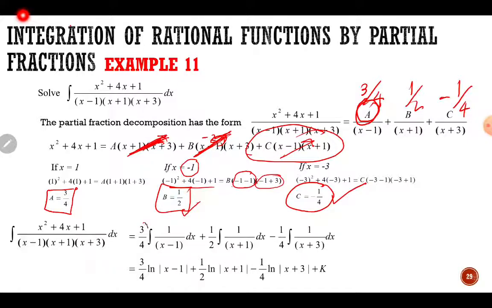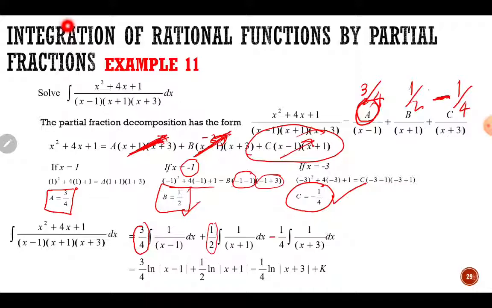So 3/4 ni kan a constant. Just bring it out of the integration. So we have 3/4 integration of 1 over x minus 1. Tambah 1/2 ni is also a constant. Jangan tinggal dia. Just letak kat 2. Okay, 1/2 x plus 1. And then ni minus ya. So minus, the integration become minus 1/4 integration of 1 over x plus 3 dx.